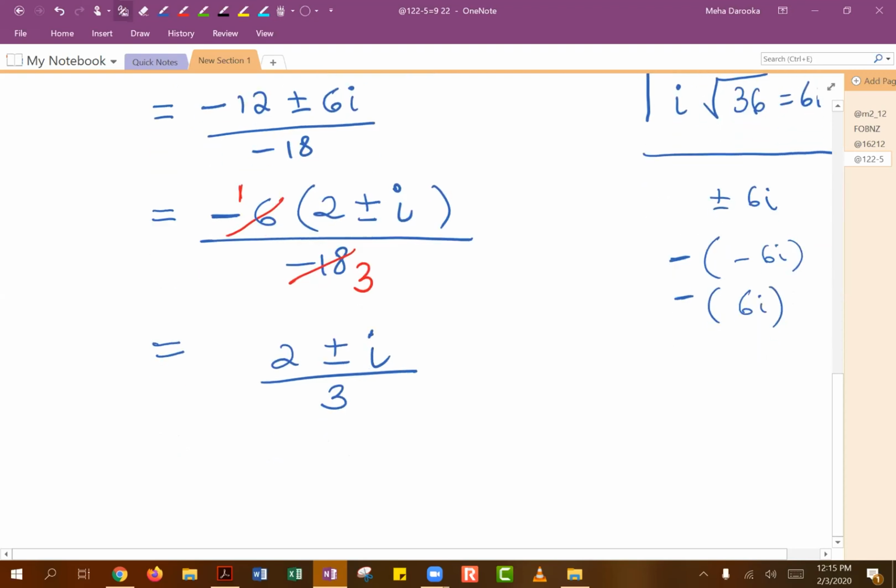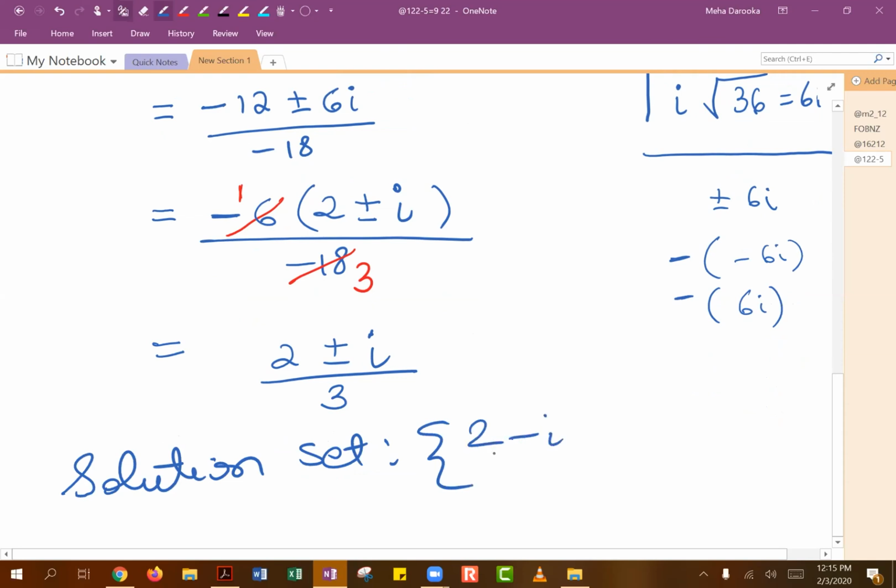Now, once you get down to this, you can split this up into your solution set. One's with the positive, one's with the negative. So that will be 2 minus i over 3, 2 plus i over 3.